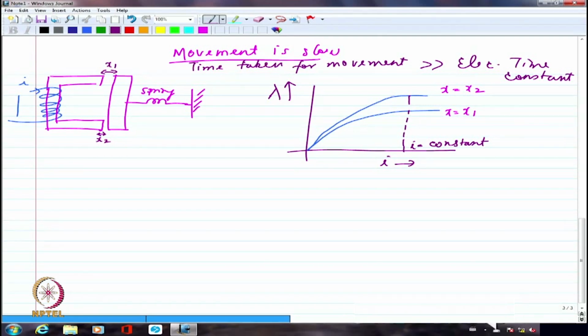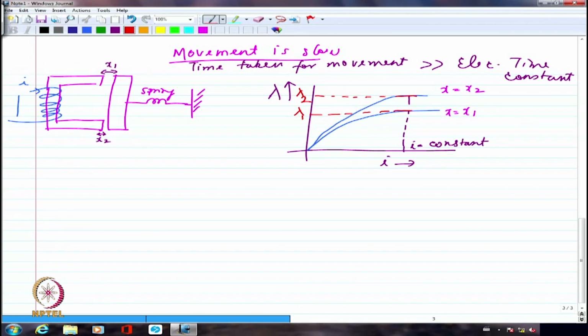So I'm looking at the RMS value of the current being a constant. That's it. So under this situation, I will have two different values of lambda. Maybe this is one lambda value, which is the final lambda, which I may call lambda 2. And another lambda value, somewhere here, which is lambda 1.